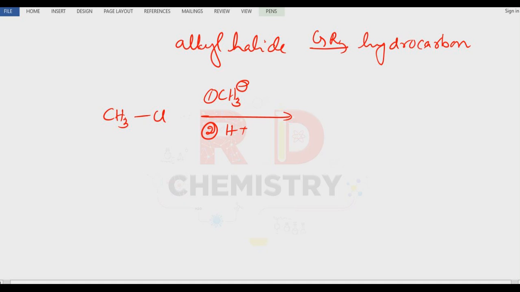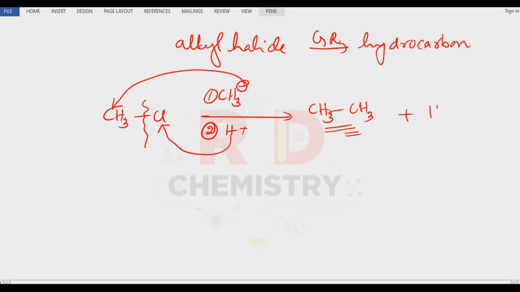CH3 minus is the nucleophile. The nucleophile attacks the carbon of the alkyl halide, the bond breaks, and H plus will go to the chlorine here. So I can write it as CH3 single bond CH3, a hydrocarbon with an increased number of carbon atoms, and I can write the side product as HCl. So this is a very simple way of writing the reaction of the Grignard reagent.